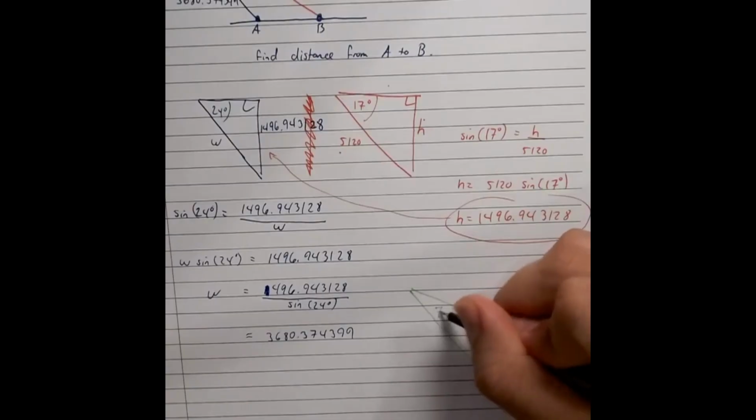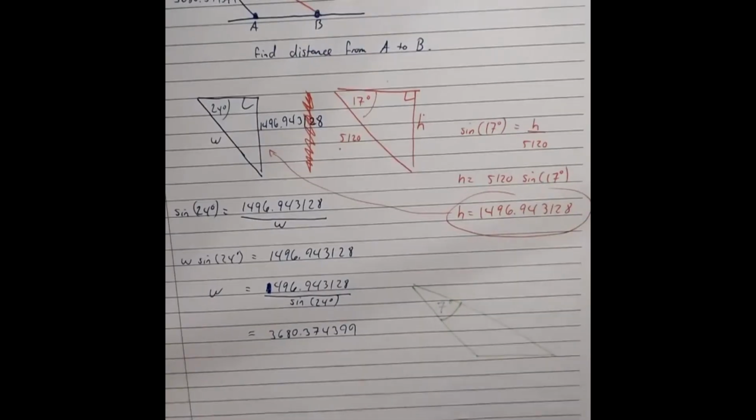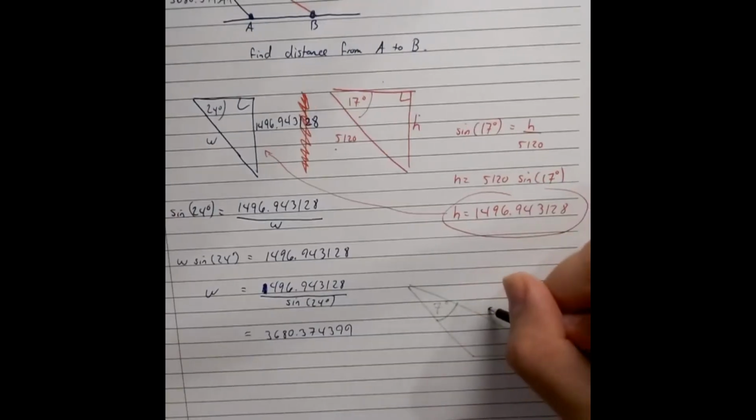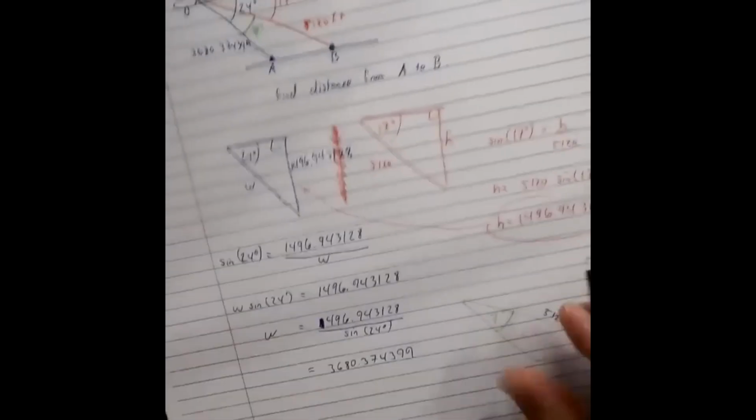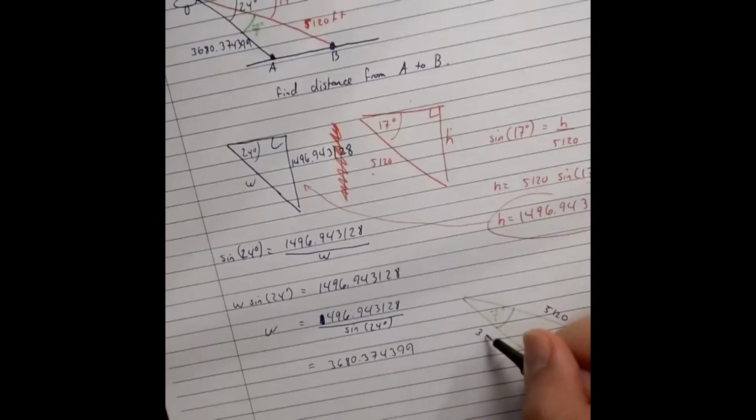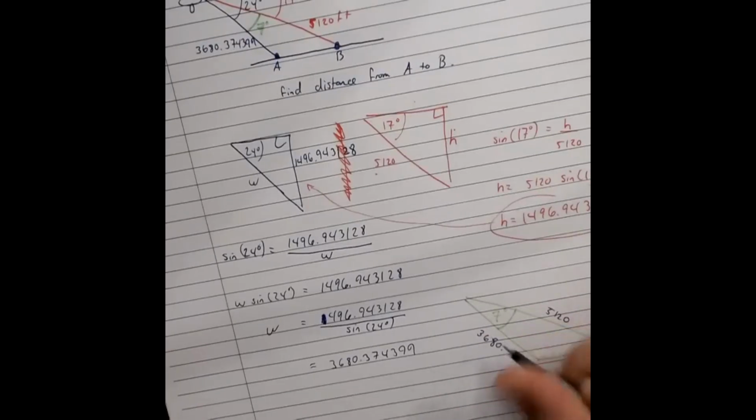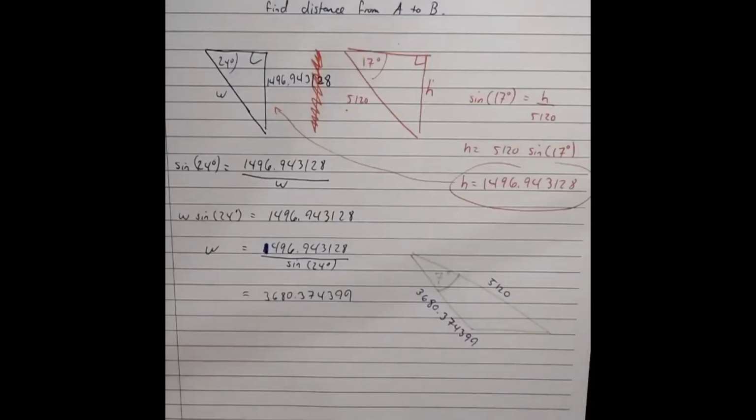That's the angle 7 degrees. Here's the side length 5120, and over here is the side length 3680.374399. We will round at the very, very end.